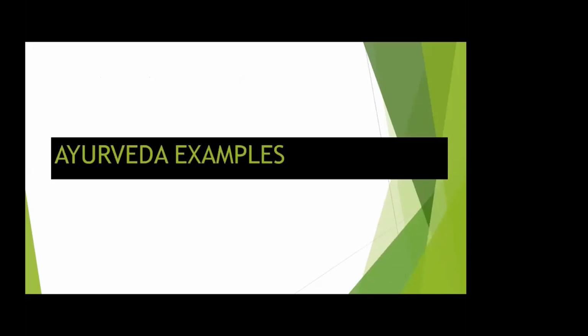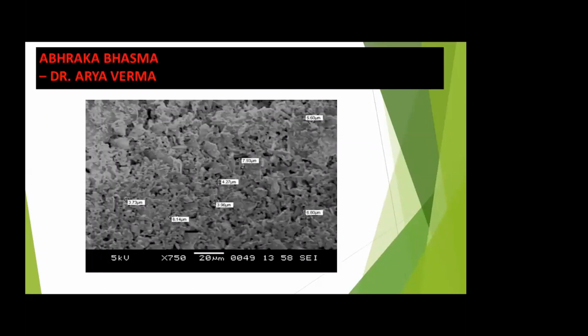Now let us quote a few Ayurveda examples. This is an Abhrakabhasma sample of one of our PG students, Dr. Arya Verma. This is just a magnification of 750x, where she could identify micron level particles.